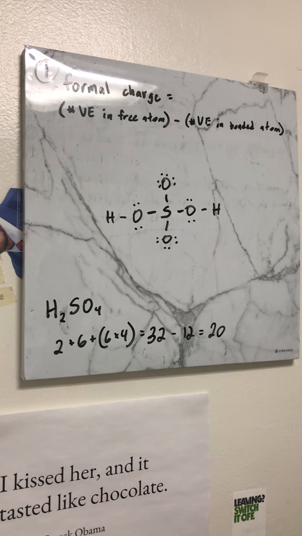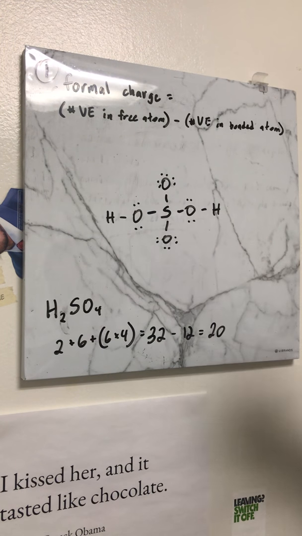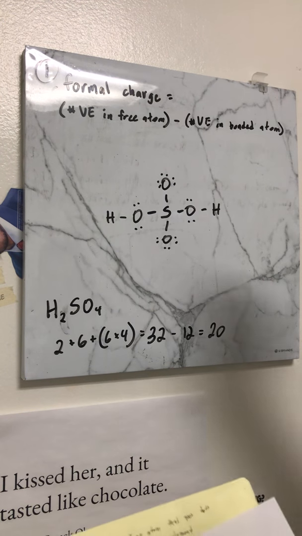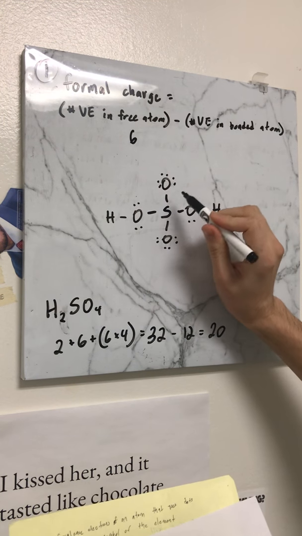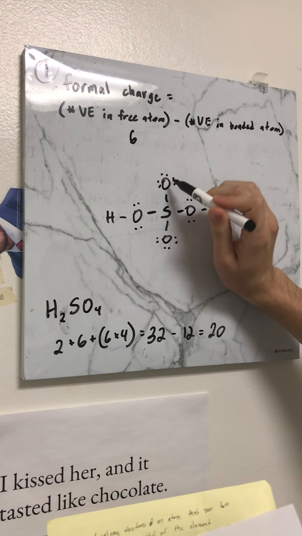And next we can start by trying to find the formal charge of each of these atoms. So looking, for example, at this oxygen, which is going to be the same as this one, we know that in the free atom of oxygen there should be 6 valence electrons. But here you're going to take half of what's in the bond, so this would only be 1, plus the 6.